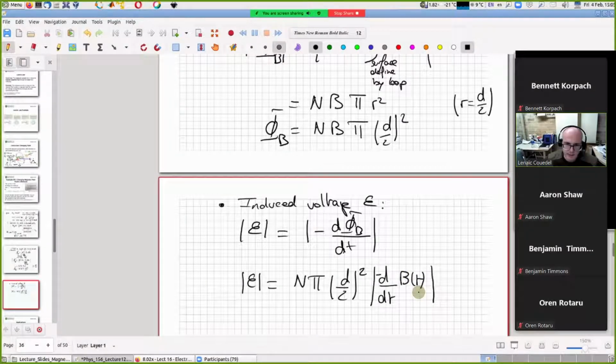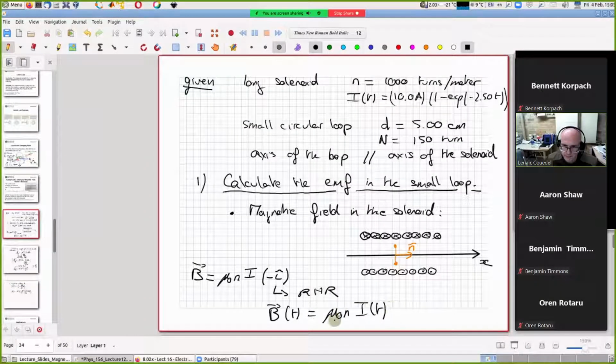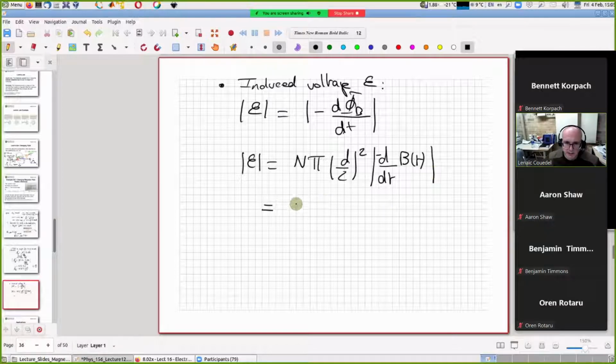I can rewrite that because I know the expression of B of t. I have obtained it here. So I have n pi (d over 2) squared, d over dt of mu 0 n I of t.